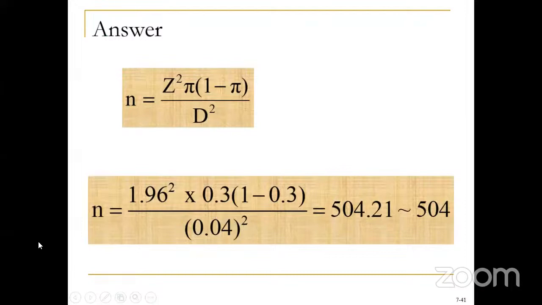From the literature we know that qualitative studies bring biases and errors, so we cannot expect a higher level of accuracy. This is just an example where the accuracy level is 96%. The more the accuracy, the more the sample size. The lesser the accuracy, the lesser the sample size. It goes hand in hand.